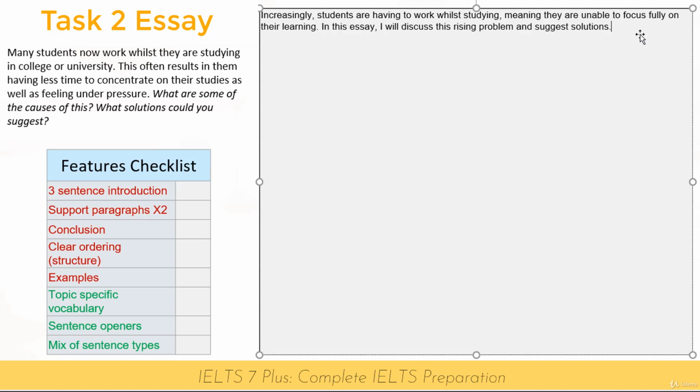So we begin our outline with, firstly, I will explore, instead of discuss, the financial implications for students needing to find employment whilst working. Now, instead of just saying for students needing to work, I wanted to try and vary and make my language more interesting.